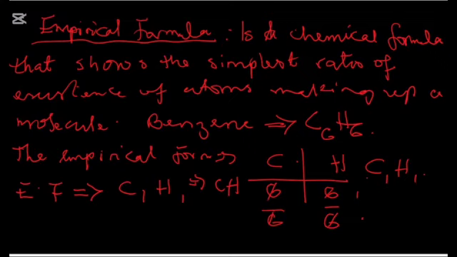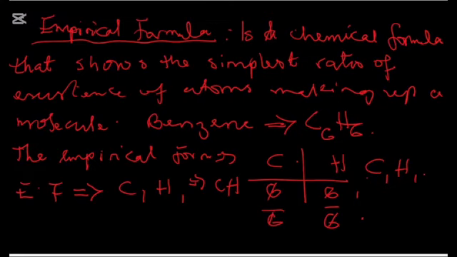Come again, this I don't understand. The benzene here is having a molecular formula of C6H6, isn't it? So that means 6 carbon atoms and 6 hydrogen atoms making up that compound.